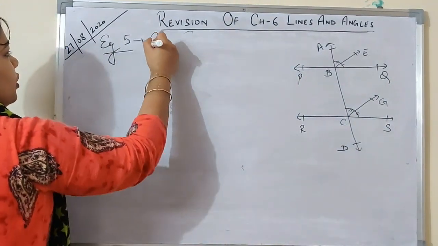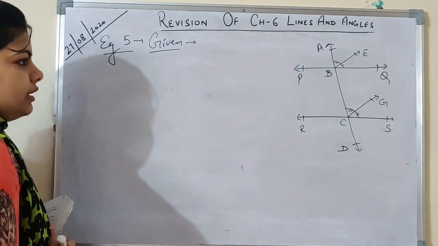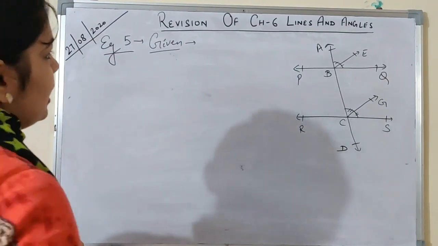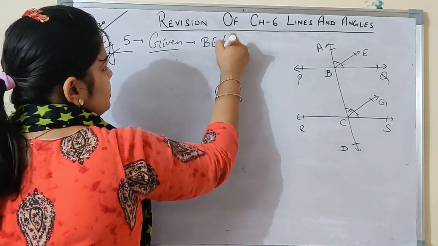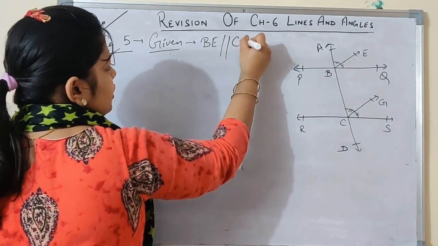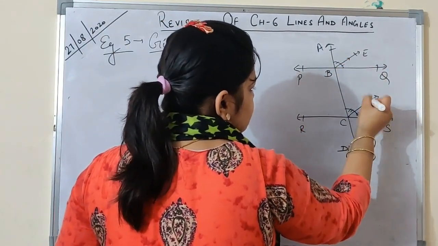After that, what is given to us? You can see that it is given to us that BE is parallel to CG. You can mark the symbol of parallel lines also like this.